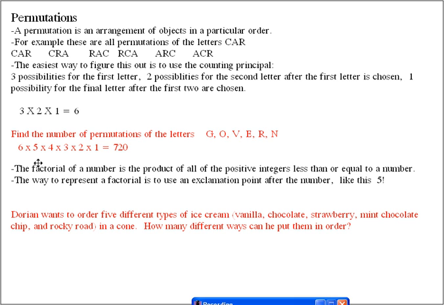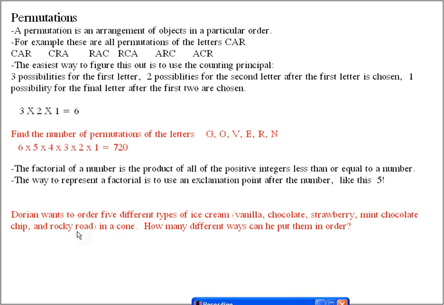And if you look here, this is an example of where you might use this. If Dorian wants to order 5 different types of ice cream: vanilla, chocolate, strawberry, mint chocolate chip, and rocky road in a cone. It would take a very long time to figure out all the possibilities of doing that, which one you'd start off with, because the flavors might meld together differently. So all you do is you count up the amount of ice cream types: 1, 2, 3, 4, 5.